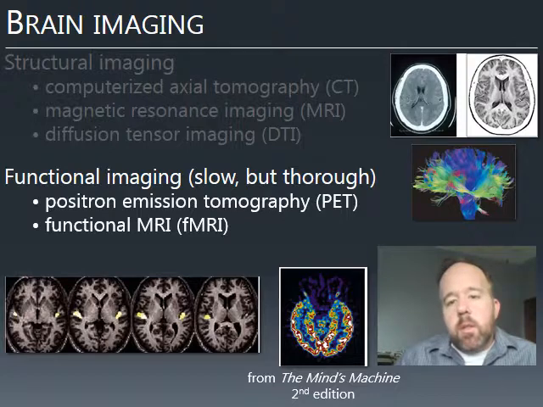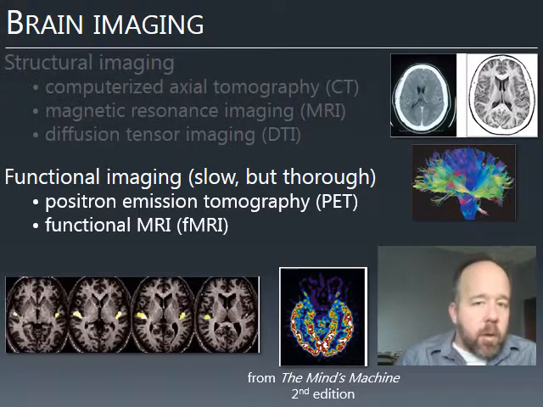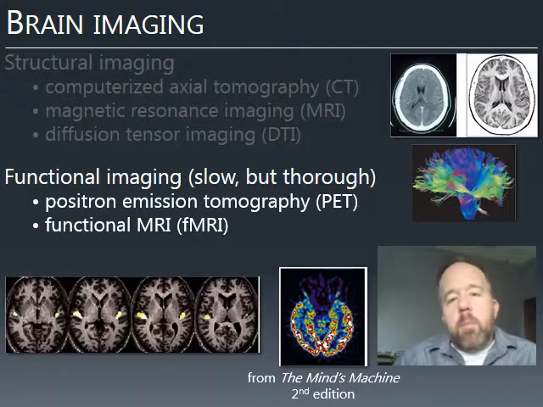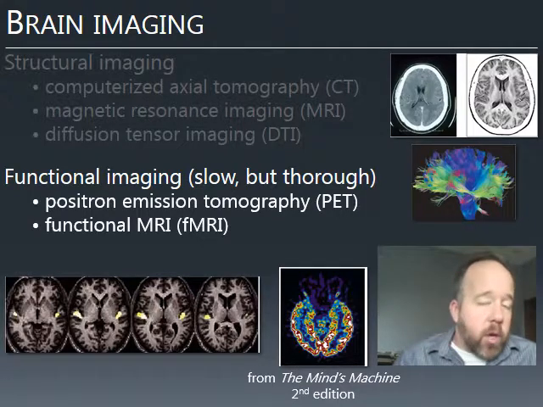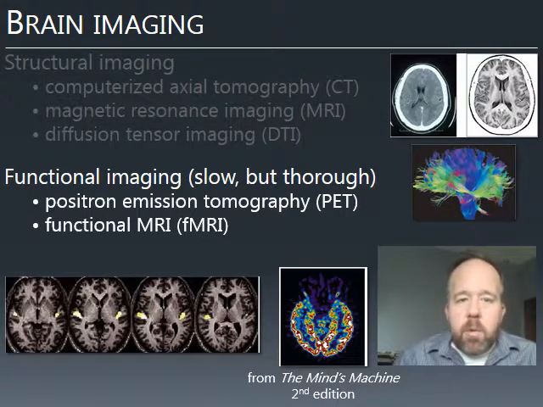And this magnet is able to detect small changes in magnetic fields within your brain based on whether hemoglobin has oxygen bound to it or not. The hemoglobin molecule in your blood changes depending on whether it has oxygen bound to it. And so we're able to detect that all over the brain using an MRI machine.